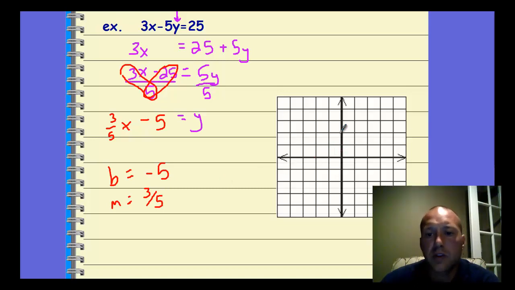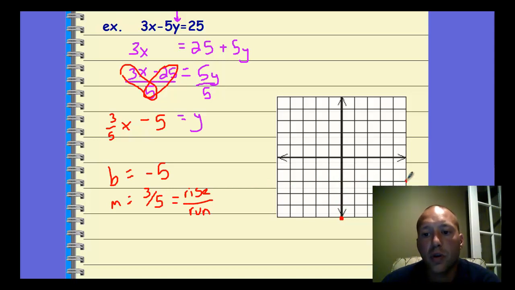We can use the information to graph. To graph it, we first plot the y-intercept. So here's negative 5, going by ones. Then our slope is rise over run. Rise is our numerator, so we're going up 3, and our run is left and right. Because they're positive, we're going up and right. So up 3, then right 5.